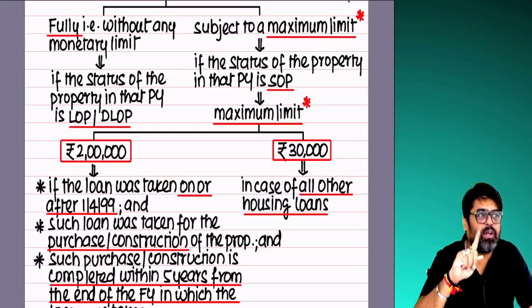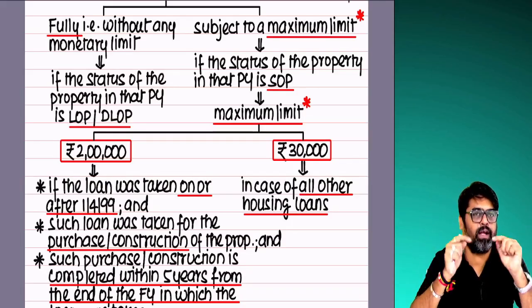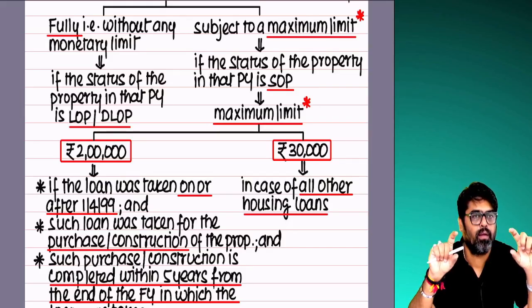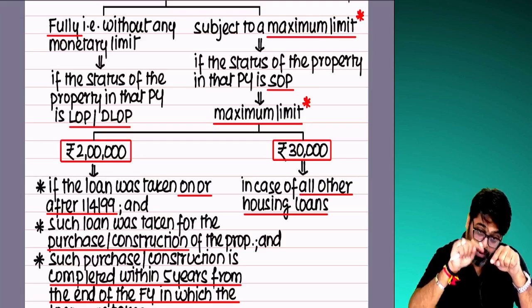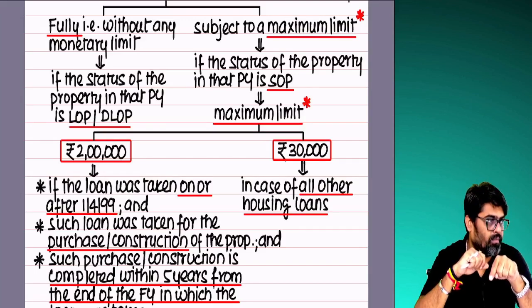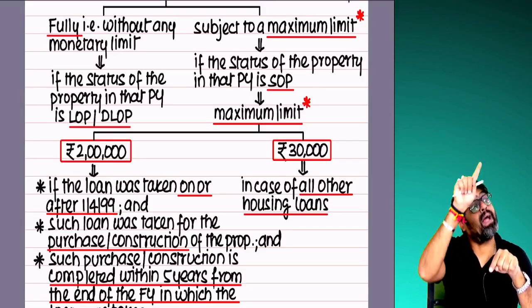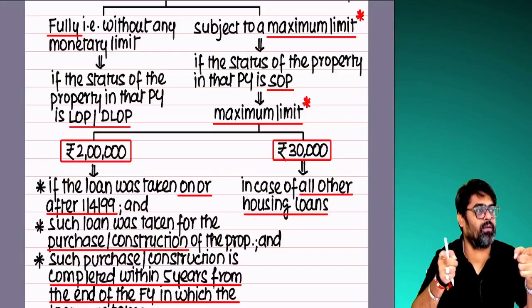First of all, listen to me very carefully. What is your previous year? In your previous year, what is the status of the property? The status of the property is SOP. For this SOP, you have taken a housing loan. On that housing loan, how much interest becomes due for this year?